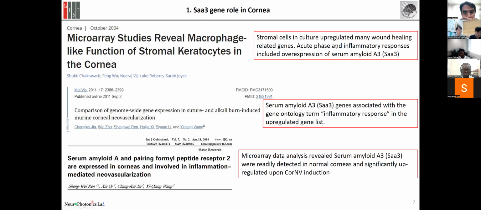In a stromal cell, there is a kind of acute inflammatory response.